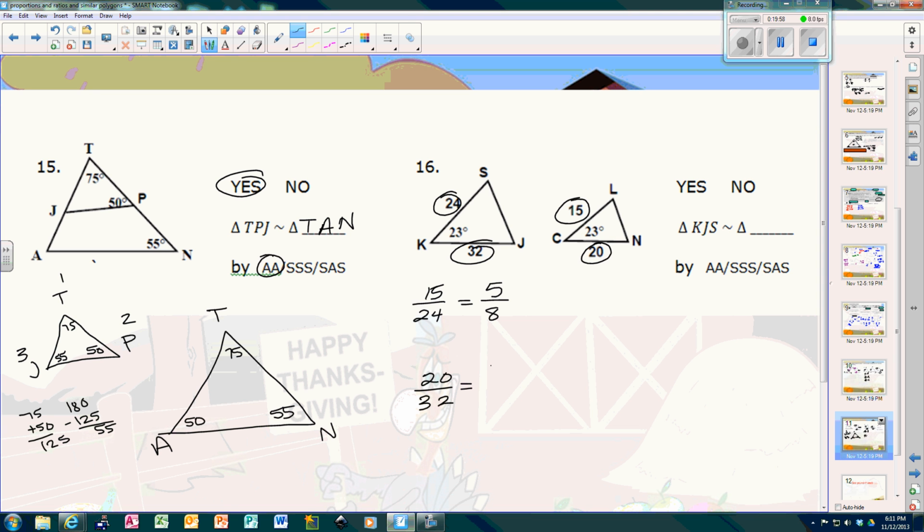Let's see, 4 goes into that 5 times, and 4 goes into that 8 times. So they have the same ratio. So yes, they are similar by side angle side. So I have K, J, S, K, oops, 1, 2, 3. So C, N, L.